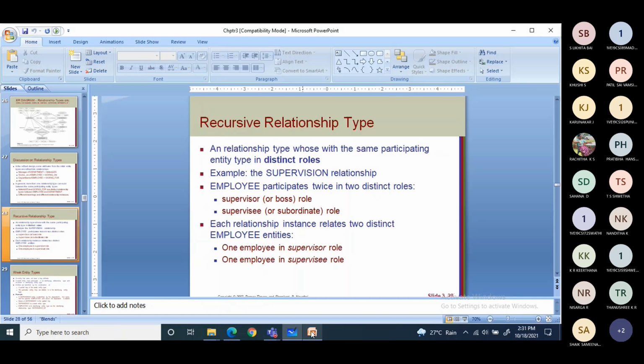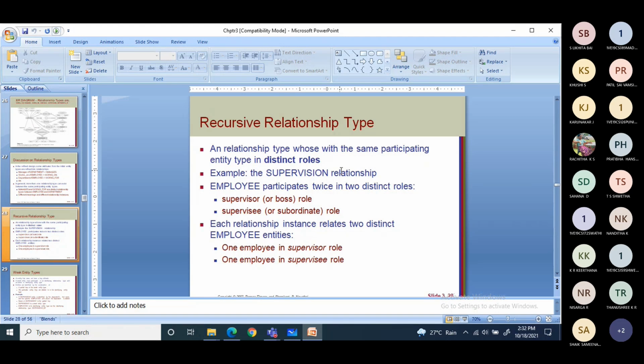A recursive relationship type is a relationship type with the same participating entity type in distinct roles. For example, supervision is a relationship type. For that, employee participates twice in two distinct roles: supervisor, which is a boss, that is the role of one employee, and supervisee, that is a subordinate or normal employee, we can call the worker role.